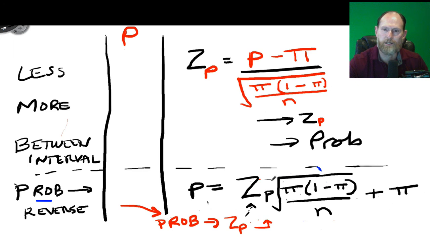Now the formula, again, it's not the prettiest formula in the world, but it gets the job done. If we have a probability and we want to know what that corresponding sample proportion would be, given the proportion of the population, then we would shrink down, get inside that z-table, find a z-score, plug that in here, plug in the population proportion.